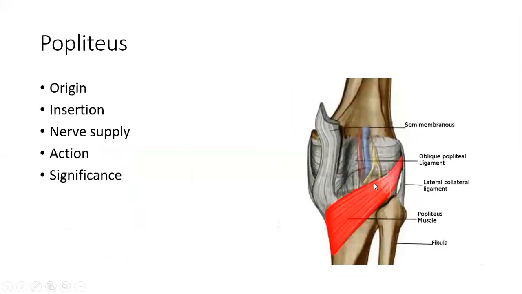Here in this diagram, you can see the popliteus muscle. And here we have the popliteal vessels along with the sciatic nerve and tibial nerve. Here is the ligament that is shown as the oblique popliteal ligament.